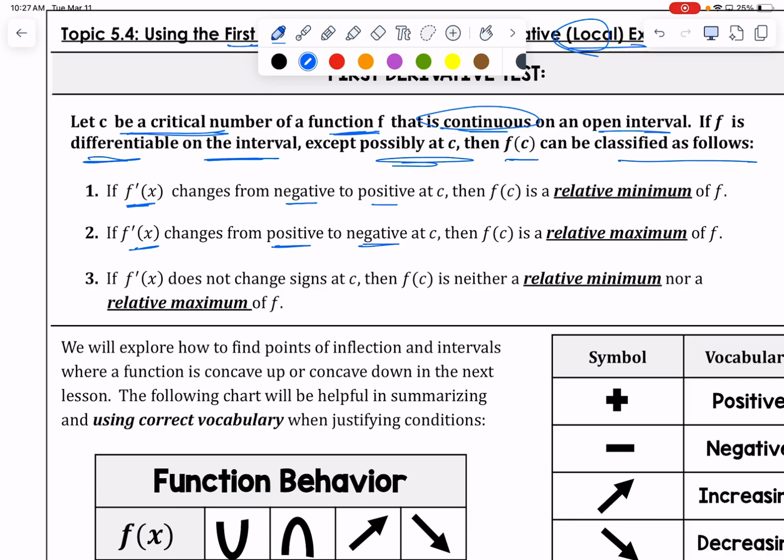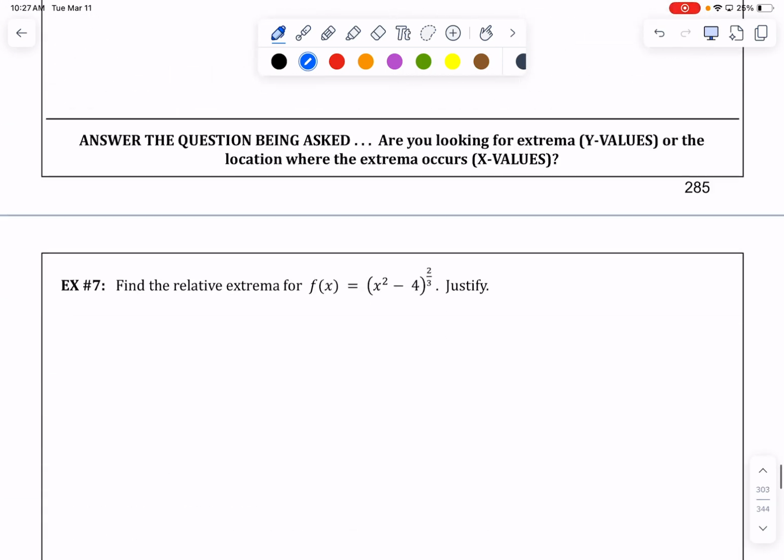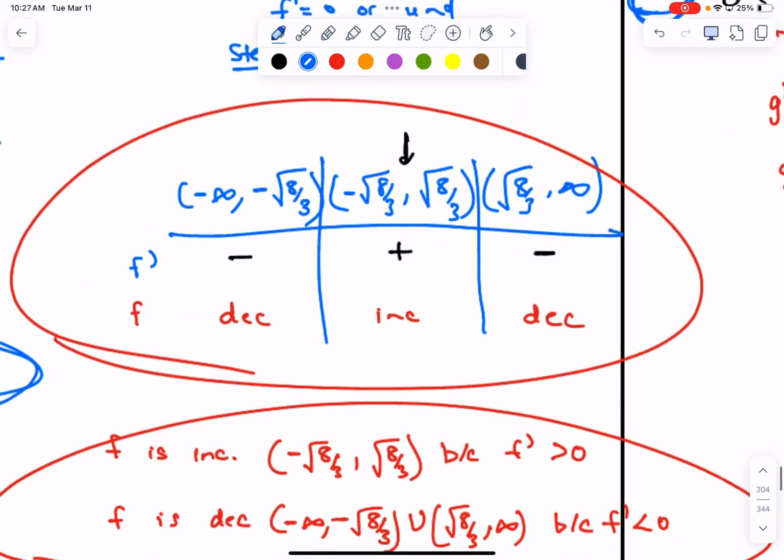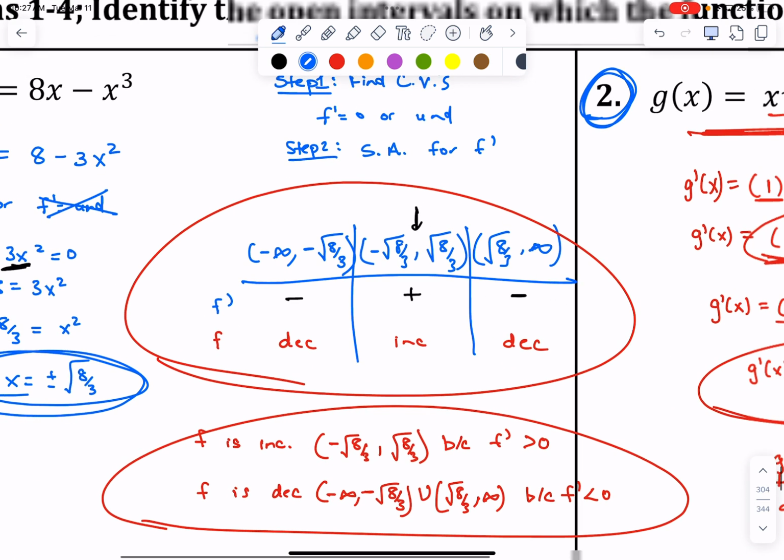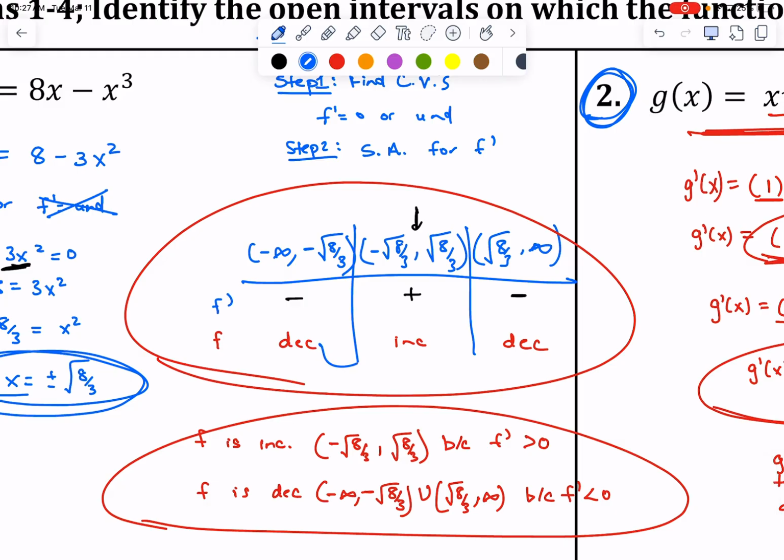All right, so if the derivative goes from positive to negative, that means the original function went from uphill to what? Which means it had to be a relative what? We now have a way to classify. So you could have gone back to the homework last night, in number 1, where we had negative root 8/3 and positive root 8/3, you could have said negative root 8/3 is a what?